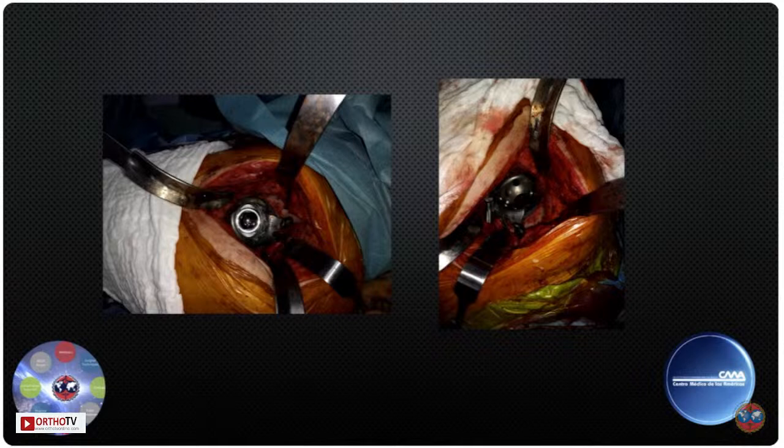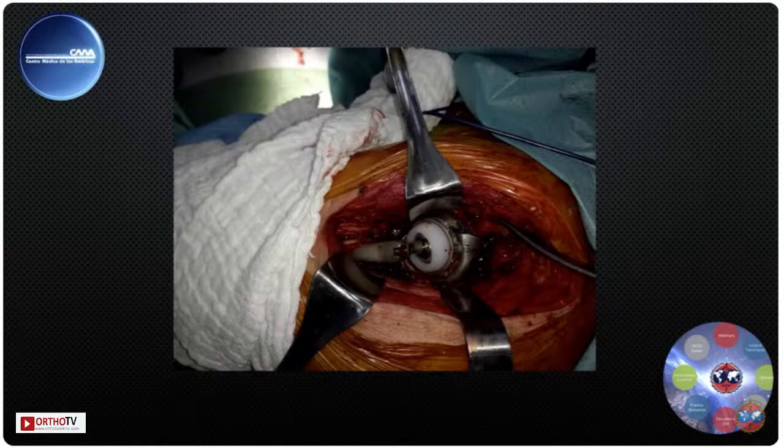And we put the Burch-Schneider reinforcement ring on the cup cage, and we put a cemented dual mobility system.